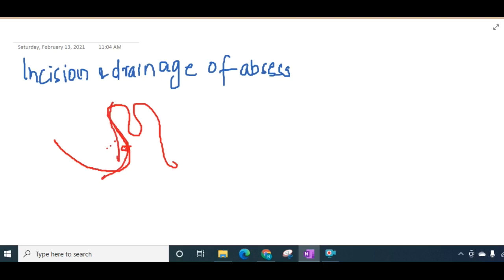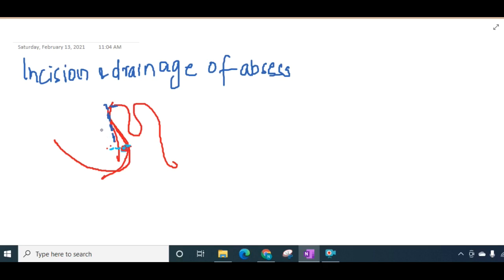If you can find the maximum bulge, then fine, you can give it over there. If you could not find the maximum bulge, then at the junction of the anterior pillar and the base of the uvula, you will give a vertical incision and drain the abscess.